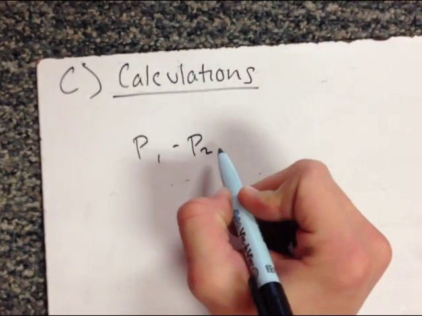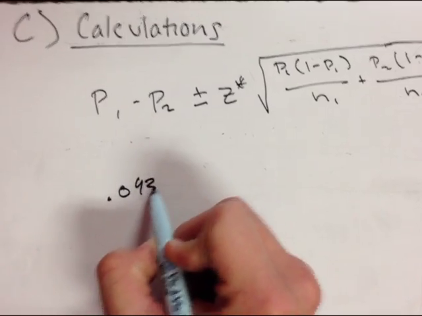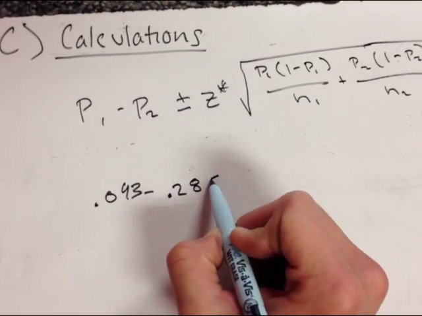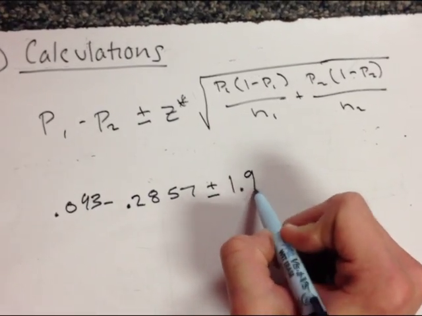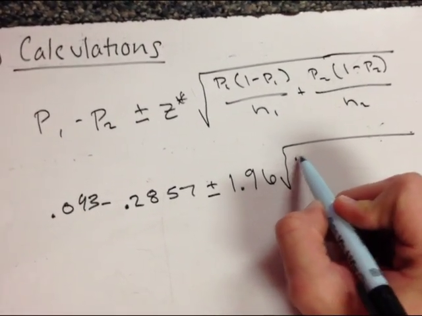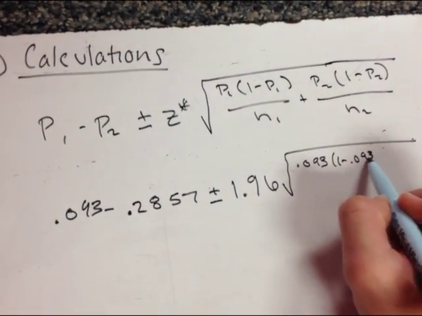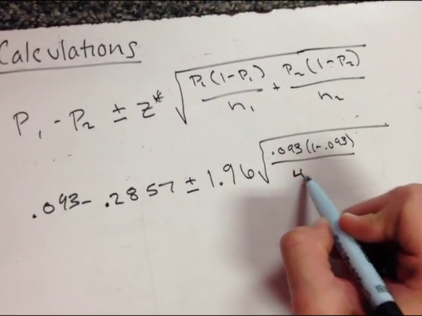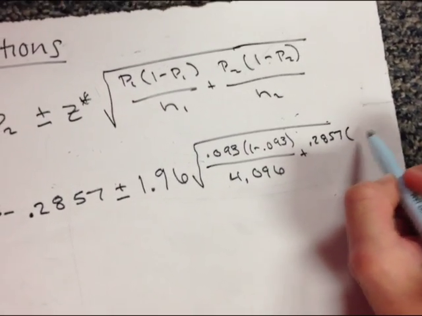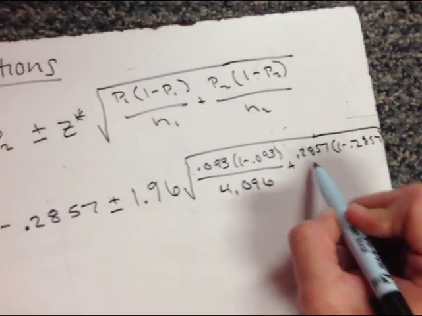The second C in your ICCI is where you put your calculations. We showed you the formula earlier, and it ends up being 0.093 minus 0.2857 plus or minus your z star, which in table C you'll find is 1.96, times the square root of 0.093 times 1 minus 0.093 all over 4096, plus 0.2857 times 1 minus 0.2857, running out of room here, over 28.